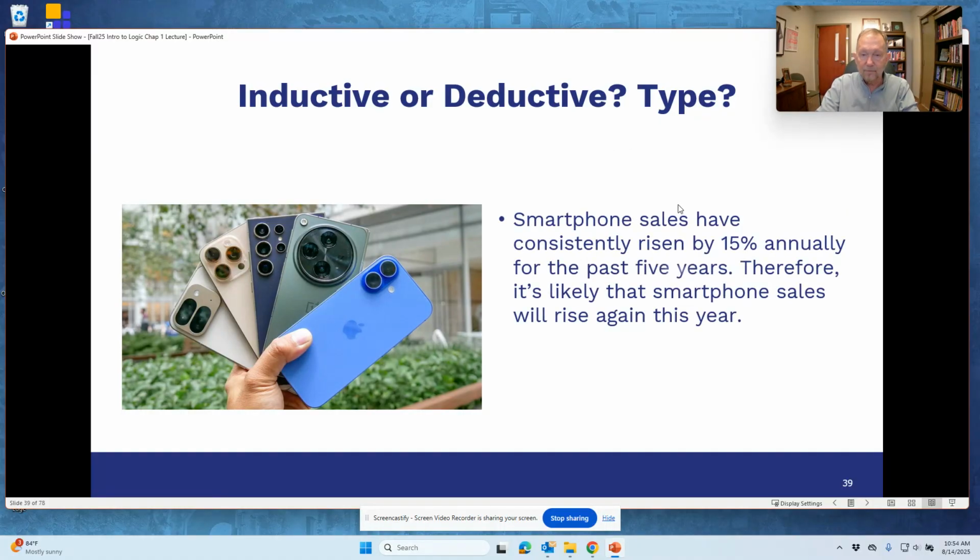All right. Smartphone sales have consistently risen 15% annually for the last 5 years. Therefore, it's likely that smartphone sales will rise that way this year. What's going on here? Likely word. So we know it's inductive, right? But what kind of inductive argument is it? It's prediction based on trends. You could argue that it might be a statistical generalization as well. But it is a prediction based on these past trends.